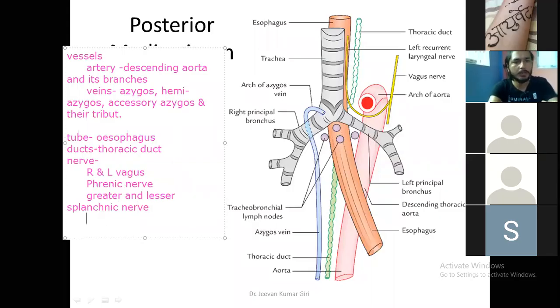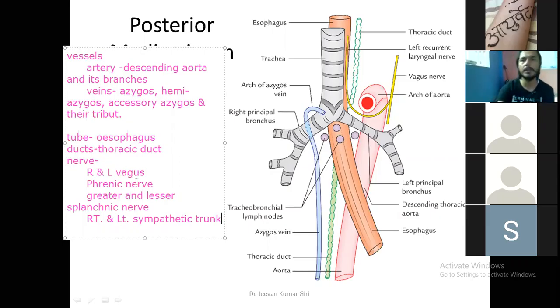And one more structure you will see is the right and left sympathetic trunk. So they are the main nervous structures you will see here.